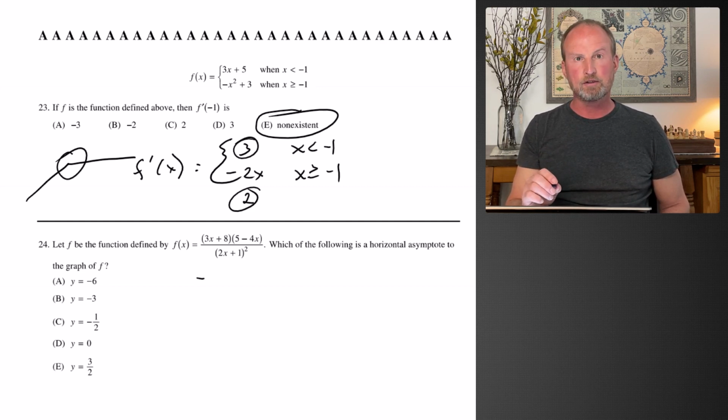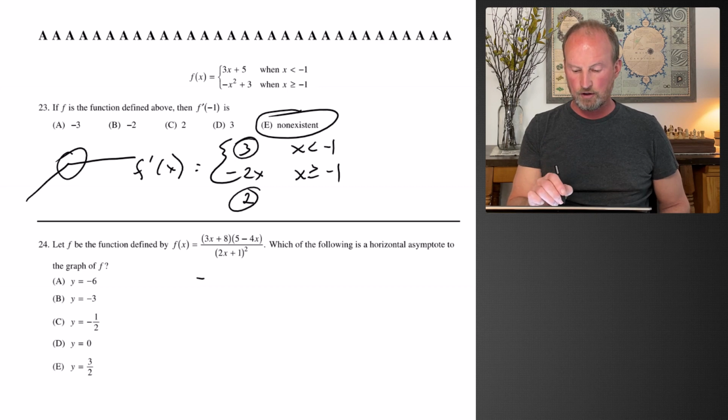The limit doesn't exist, or it goes to infinity, it goes to 0, or it goes to some number, and that's based on the degree. If the degree of the top is bigger than the bottom, it goes to infinity. If the degree of the bottom and the top are the same, it's the ratio of the leading coefficients. And if the degree of the bottom is bigger, it goes to 0.